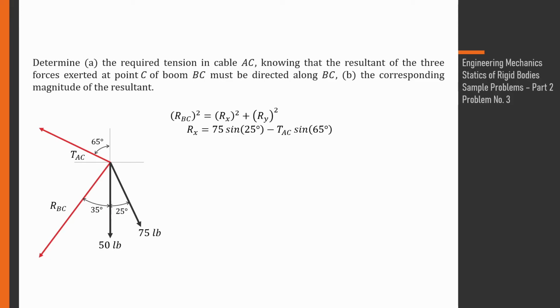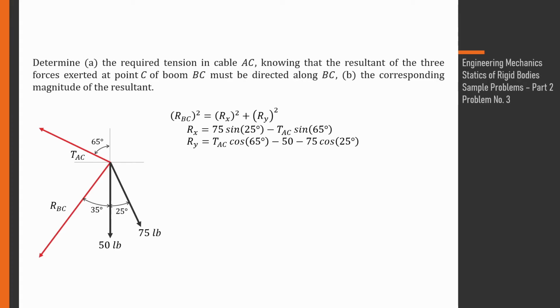So sine, because its opposite side is parallel to the x-axis. So we're going to use sine 25 degrees. And then negative the tension of cable AC, sine 65 degrees as well, because the horizontal axis is parallel to the side opposite the angle of the tension of cable AC, which is 65 degrees.